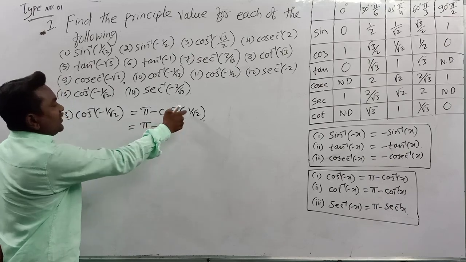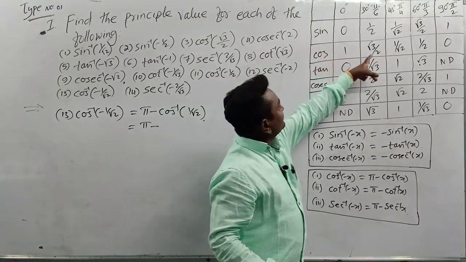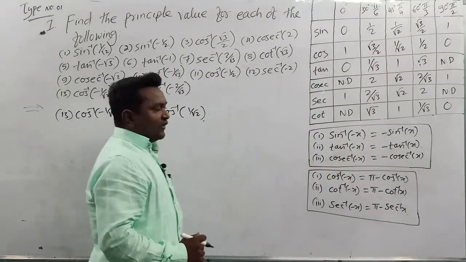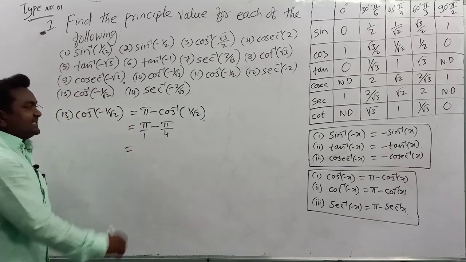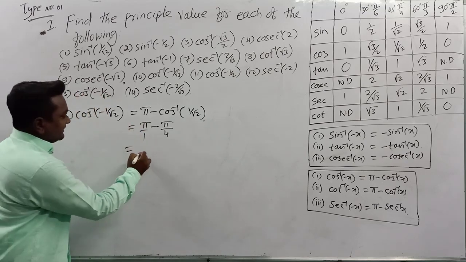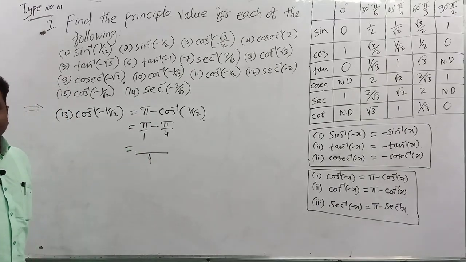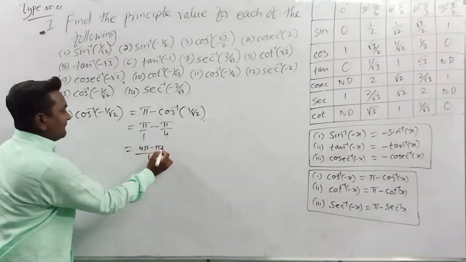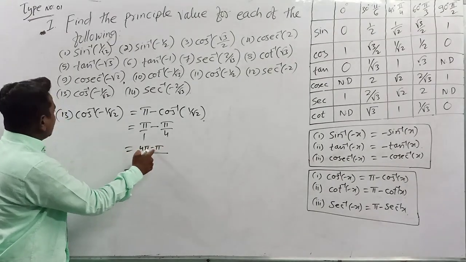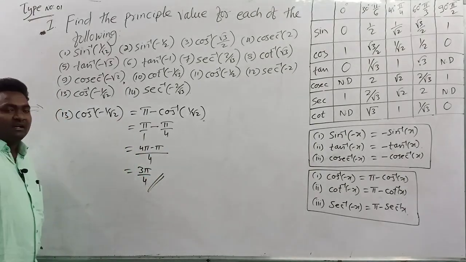Again pi minus cos inverse 1 by root 2, cos inverse 1 by root 2 is pi by 4. Now its denominator nothing means 1 is there. Take down LCM in the denominator. 4 ones are 4. Divide and multiply each term with LCM 4. So 4 pi minus 1 pi. Subtract 4 pi minus 1 pi, we get 3 pi by 4. This is the required result.